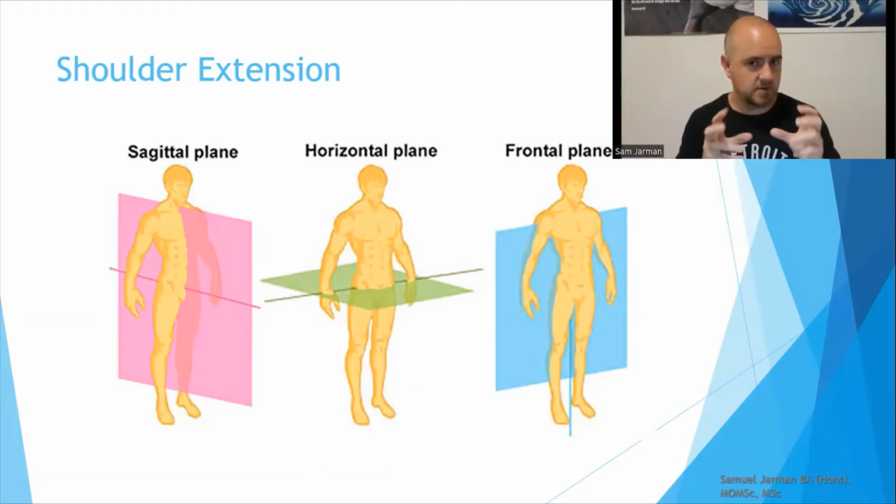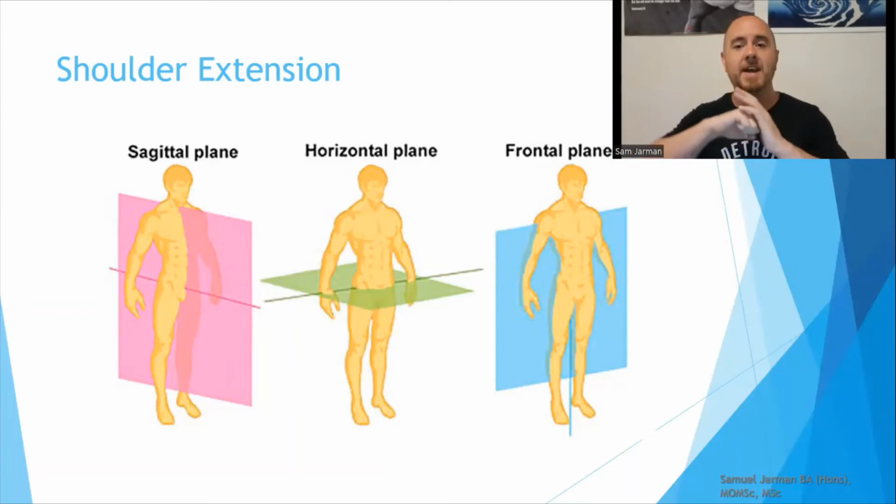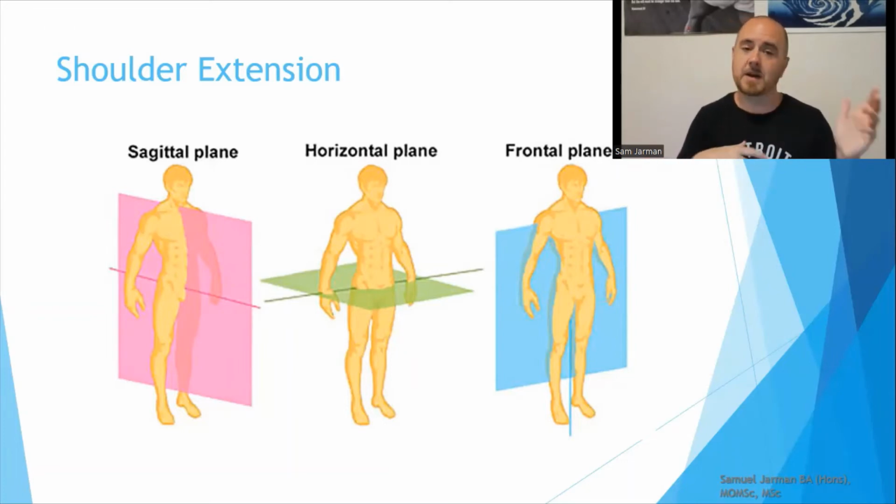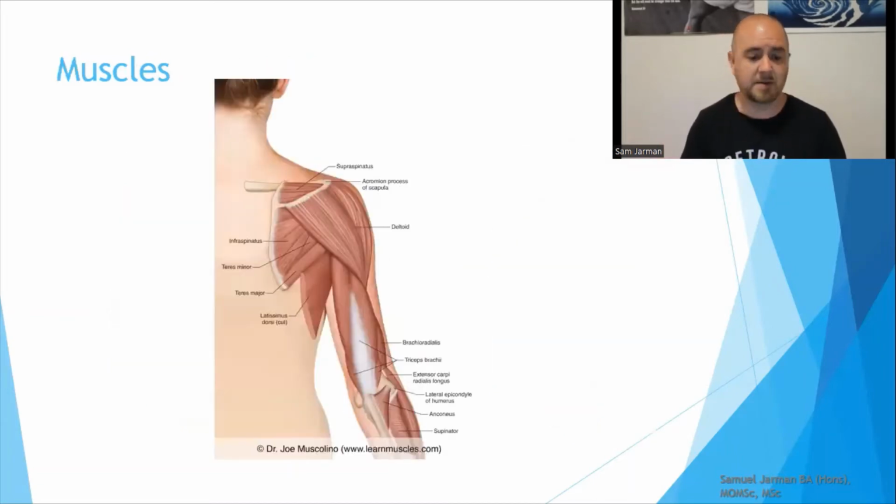There's no clear axis when you look at the joint because it's multiplanar and multi-axial. However, because of the muscles involved and how they attach to the humerus, they generate the motion about that multiplanar and multi-axial joint in the still glenoid and the moving humerus. When we're talking about extension, we're talking about the posterior fibers of the deltoid, the latissimus dorsi, and the teres major.